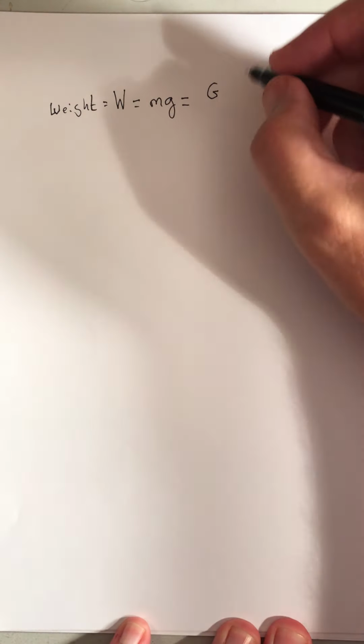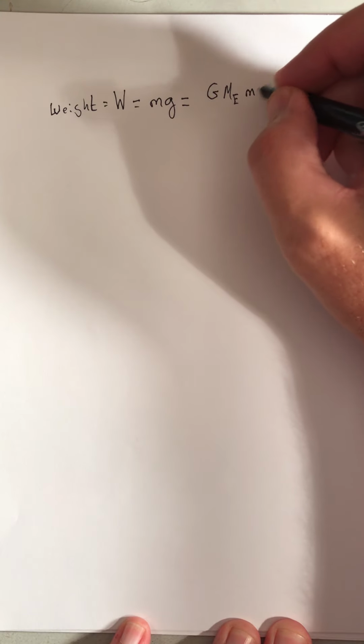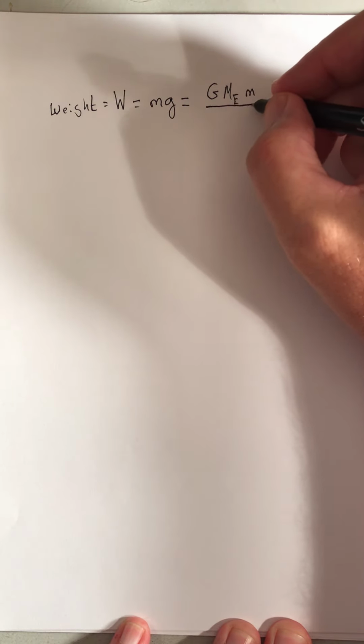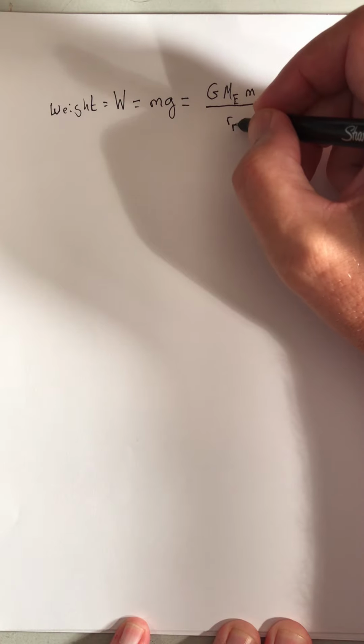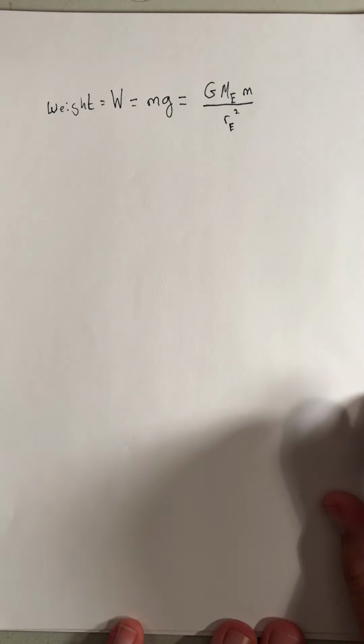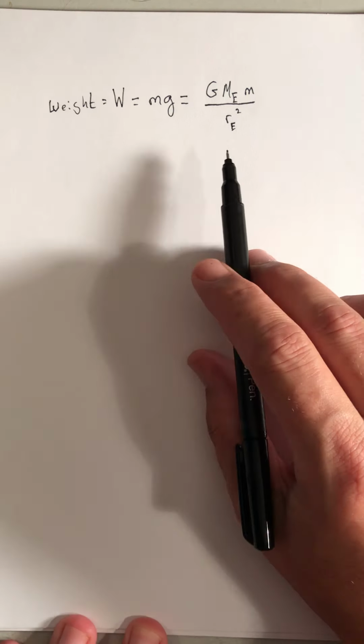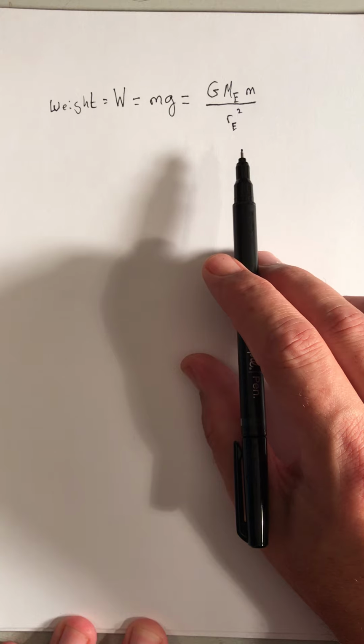So it would be capital G, mass of the Earth, times your mass, and you're on top of the surface of the Earth, so you're the radius of the Earth away from the center. So the 1 over r squared is going to be Earth's radius squared.